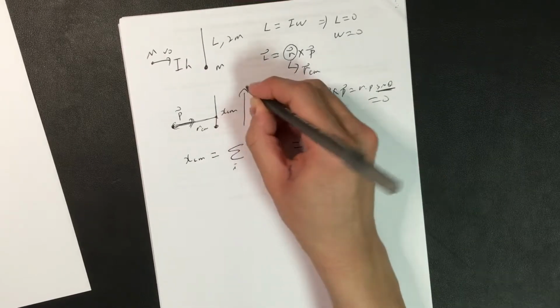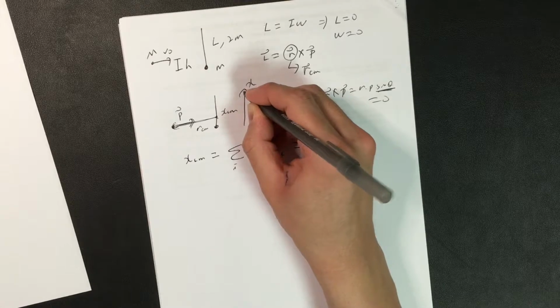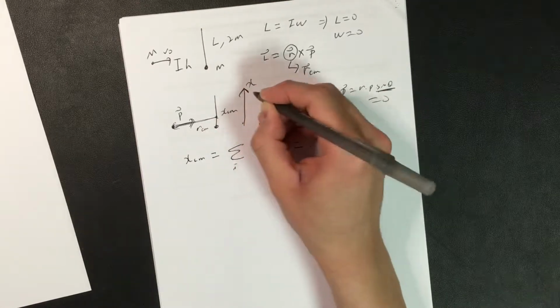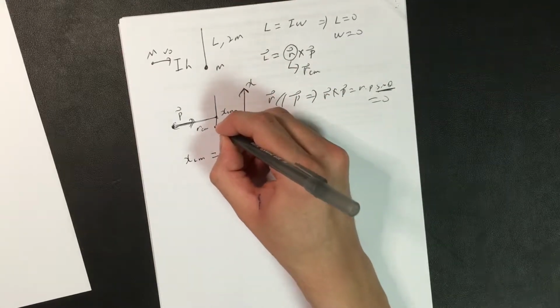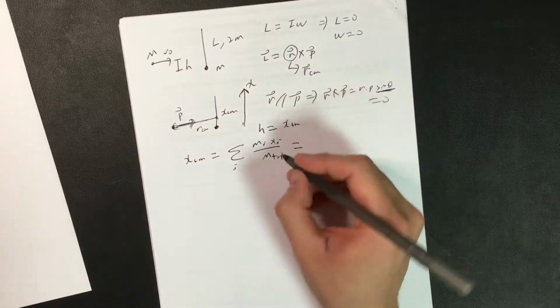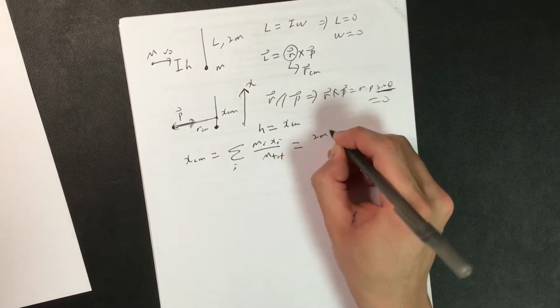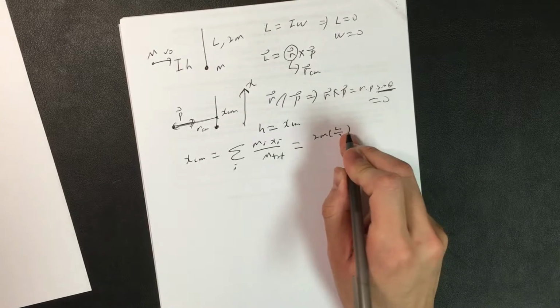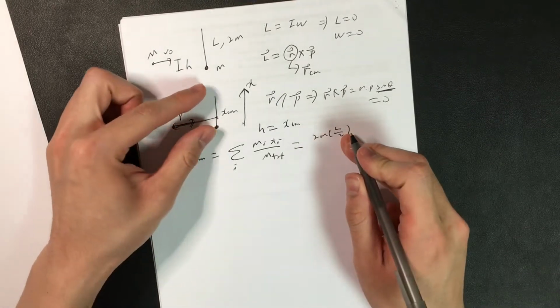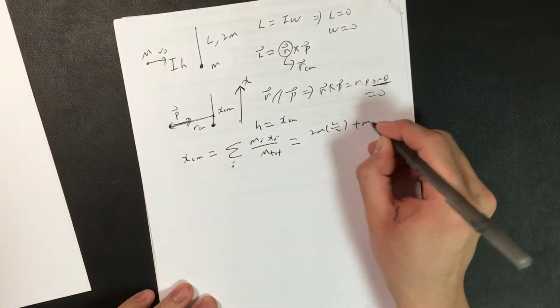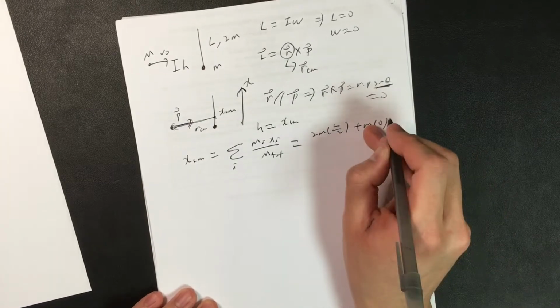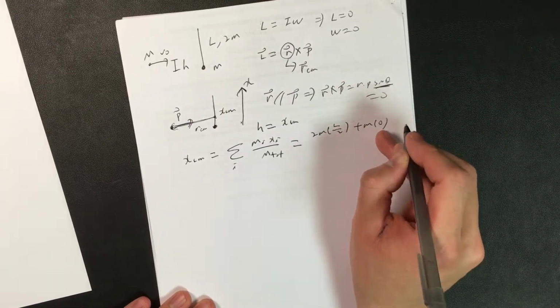And if I set the coordinate system with x as the upward direction, such that the position of this m is 0, then the center of mass would be 2m times L over 2, because L over 2 is the center of mass of the rod alone, plus m times 0, because the position of the mass is equal to 0.